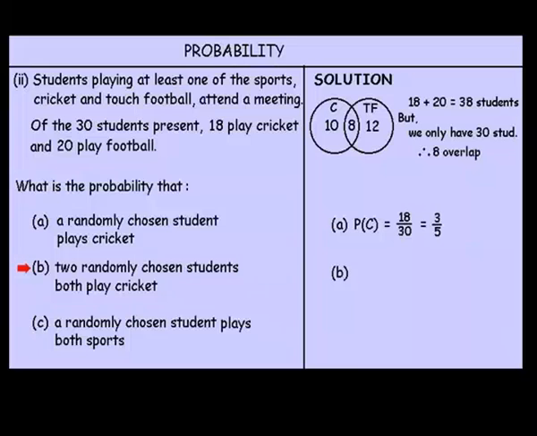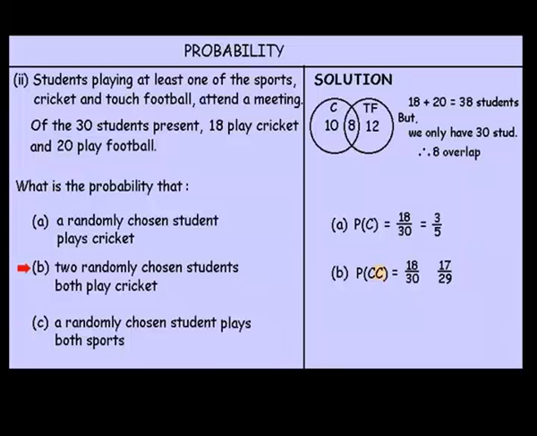Part B. Probability that two randomly chosen students both play cricket. In other words, we're having the probability of a cricketer then a cricketer. Let's look at the first. The first chance that they're a cricketer would be 18 over 30. We've already worked that out. But what about the second person to be a cricketer? Once we've chosen one cricketer, there's only 17 cricketers left, out of how many students?